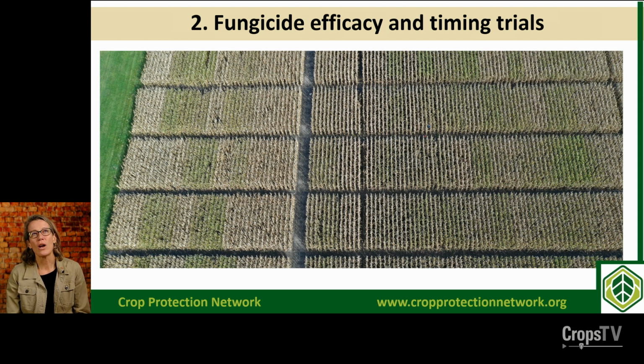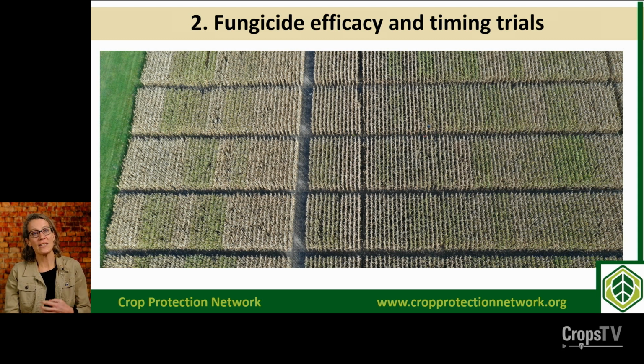All of us who have tar spot take part in standardized trials in each of our states, and then at the end of the year, we put those data together. If we've had tar spot, then that contributes to our understanding about how these products work against tar spot.